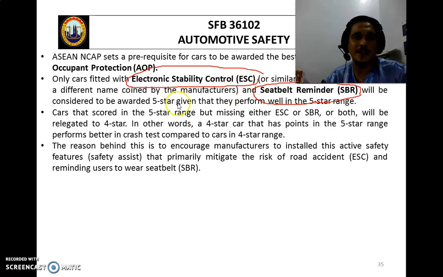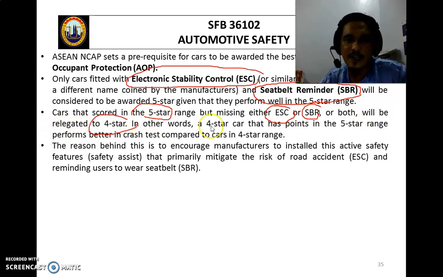What happens if the car is without ESC or SBR? If during the test the score is a 5-star rating, but they are missing ESC or SBR, or ESC or SBR are not functioning, that car will be relegated to 4-star. If it has 4-star, it will be relegated to 3-star, depending on the situation.